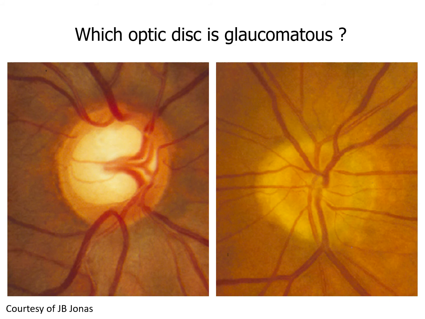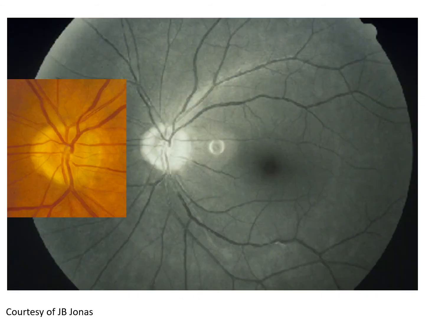On the other hand, there is a small disc with almost no excavation, crowded ganglion cells, and if you perform a red-free photograph, you can observe that no nerve fibers are present in the inferior part of the disc.